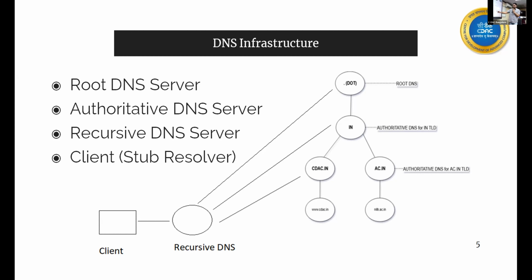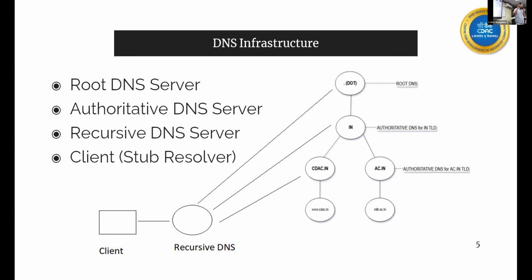No, see what is happening here. I am asking for www.cdat.in. The client will send it to the recursive server. The recursive server will send it to the root. Root will reply with the TLD DNS server, which is .in in that case. Then again, the recursive server goes to .in. Now, .in will have a lot of records inside, cdat.in, ac.in, google.in, and other organizations.